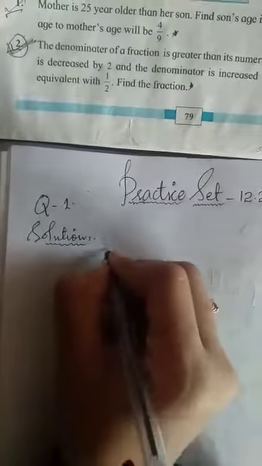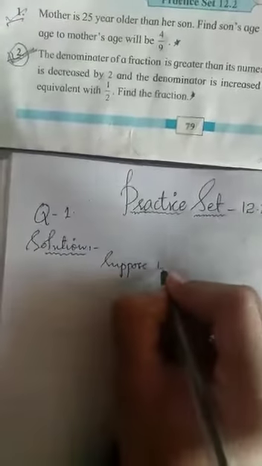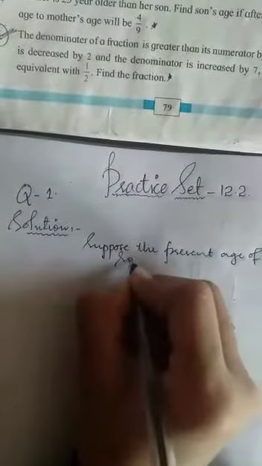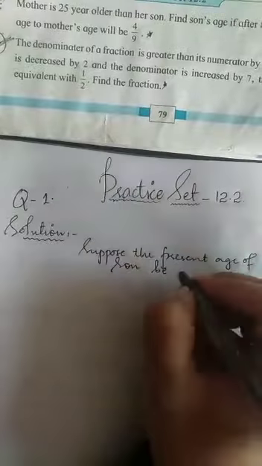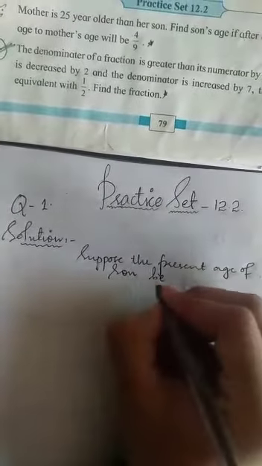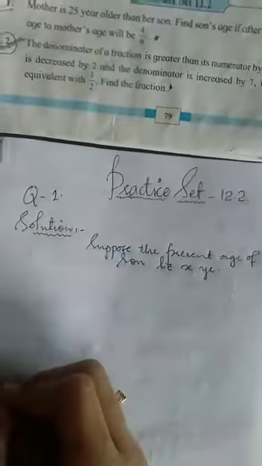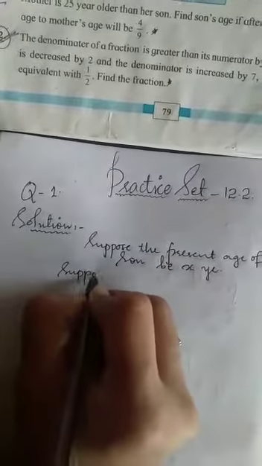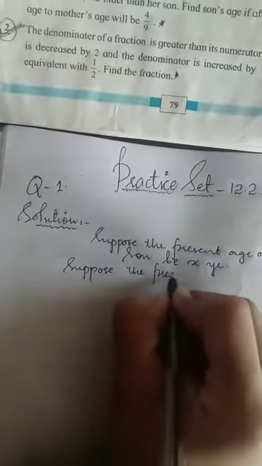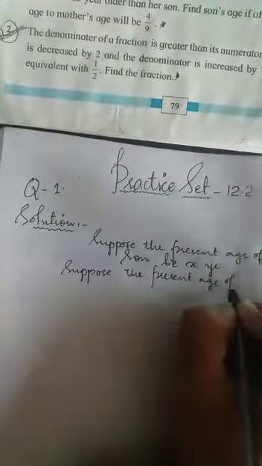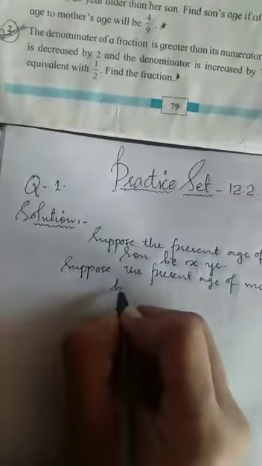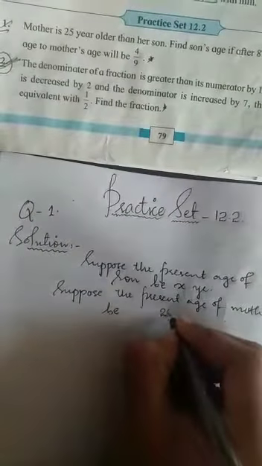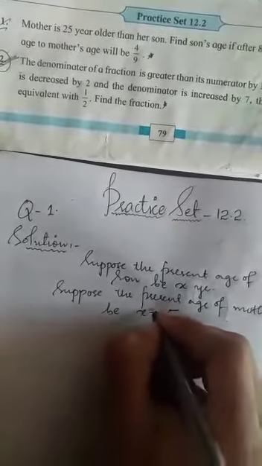Suppose the present age of the son be x years, and the present age of the mother be, since the mother is 25 years older than her son, x plus 25 years.